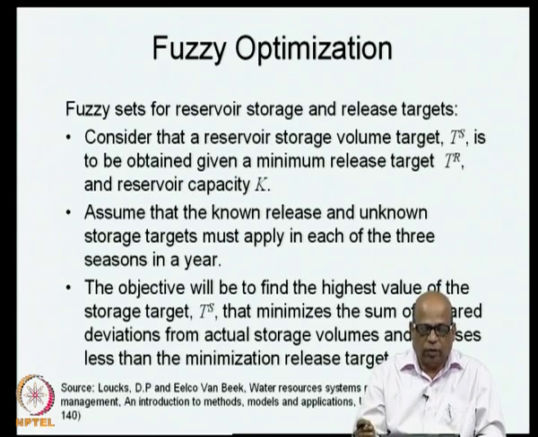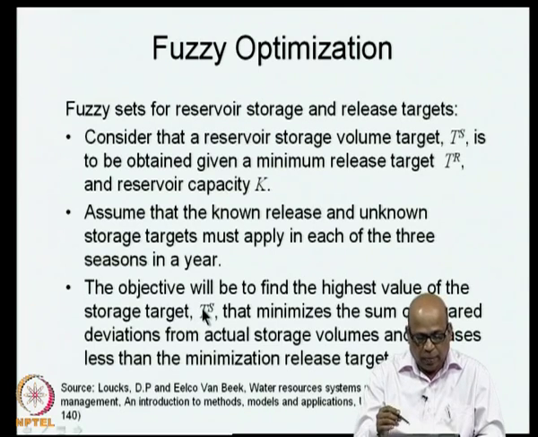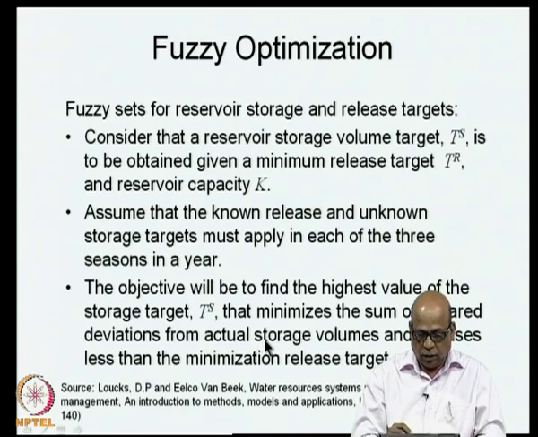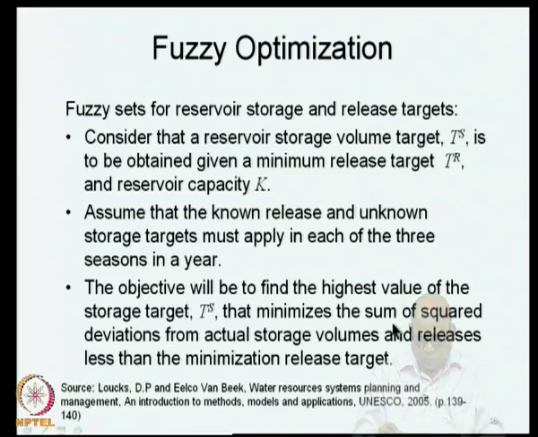Therefore, we take the mod of that particular amount. So, the objective will be to find the highest value of the storage target Ts. We are trying to maximize the storage target that minimizes the sum of squared deviations from actual storage volumes and releases less than the minimization release target.